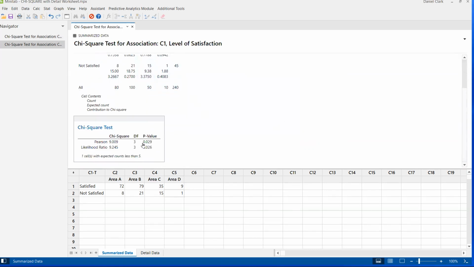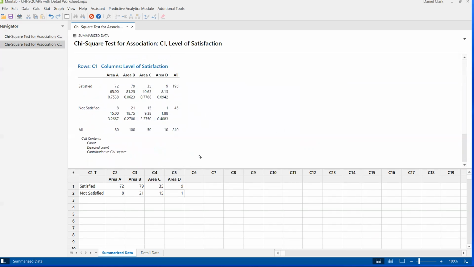I get the same results down here, but you'll see I have a new layer in each cell. So I've got my observed counts, my expected counts, and then the third row is the contribution to chi-square. Now what you can see is these numbers are fairly low. They're all point something. It's 0.7, 0.06, 0.7, 0.09.